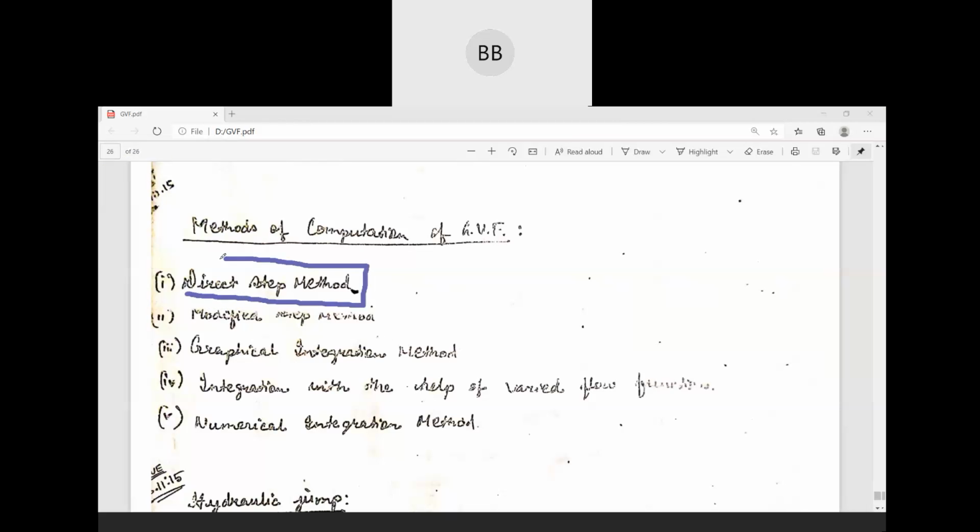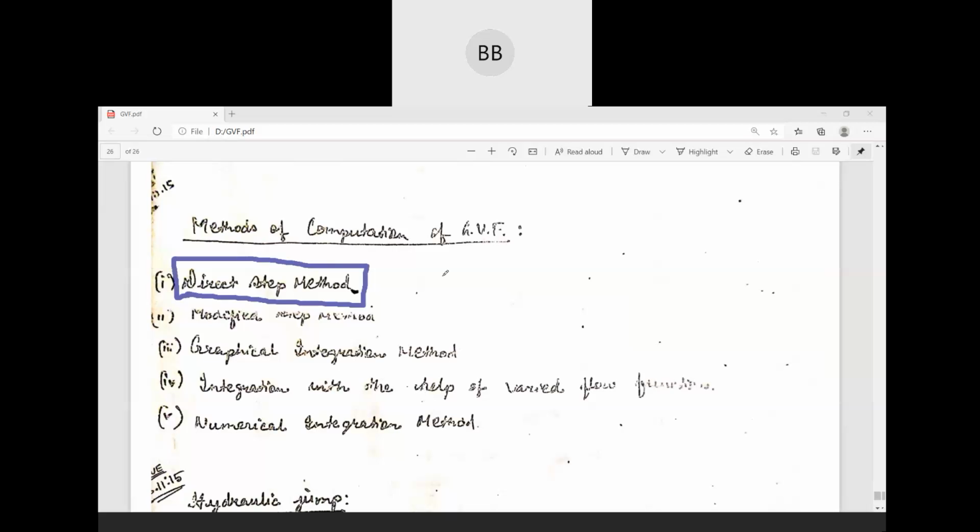We'll try to solve using one method, but those are not much important in your syllabus, because when you go for a master's degree you do all this. But you should know the methods we are going to use for solving the gradually varied flow equation.